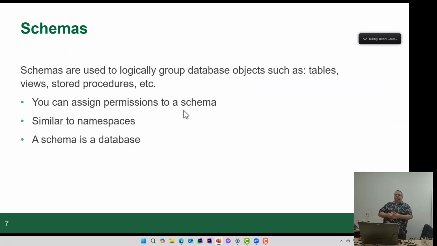All right, so schemas. Different database servers will treat schemas differently. But essentially, in general terms, a schema is the same thing as a single database. Picture a schema as a filing cabinet. You know what a filing cabinet is, right? Filing cabinet, drawers, has stuff in it.